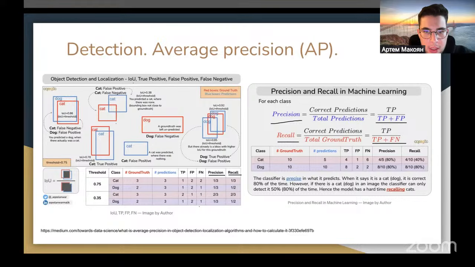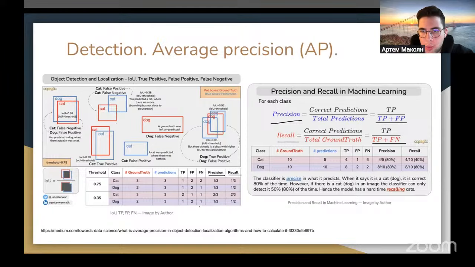Then precision will be very, very high, recall very, very low. Otherwise, if we take intersection over union 0, even this pair will be a positive pair, because intersection over union will be more than 0. And then the opposite way.